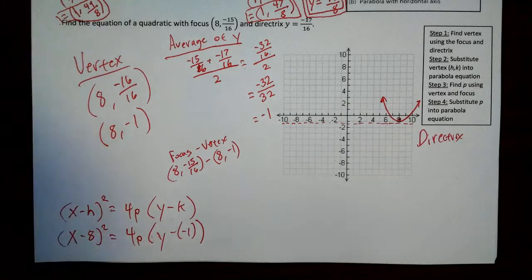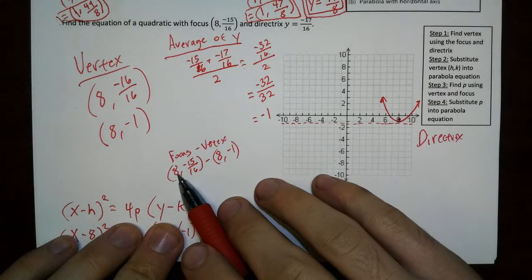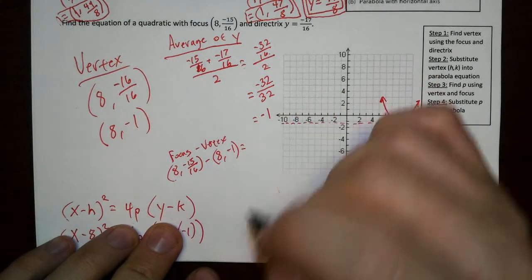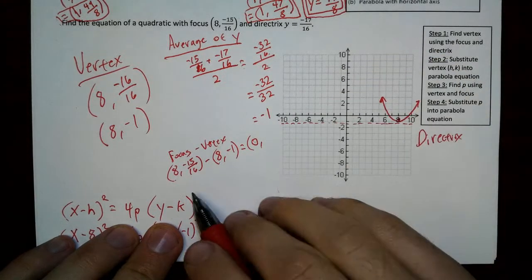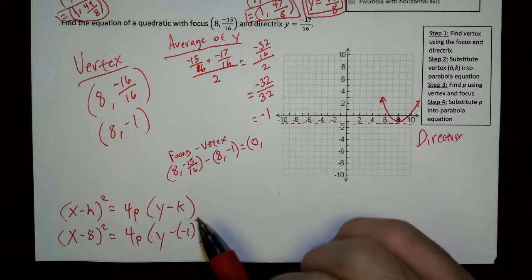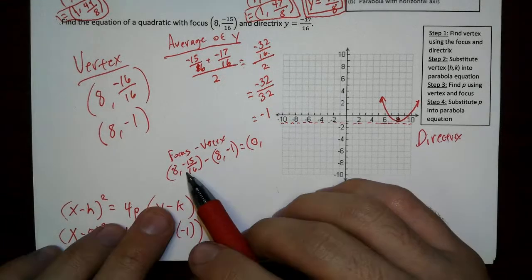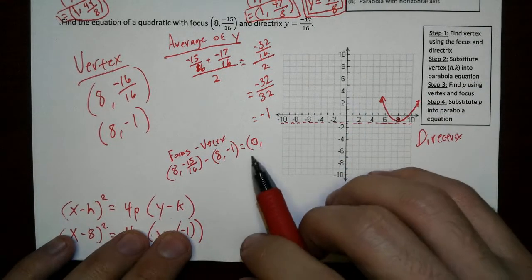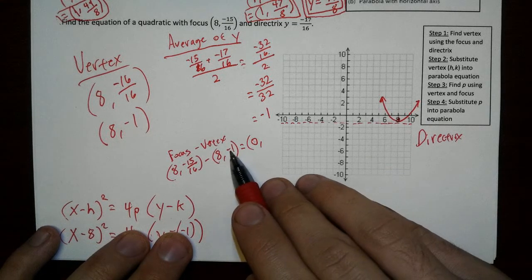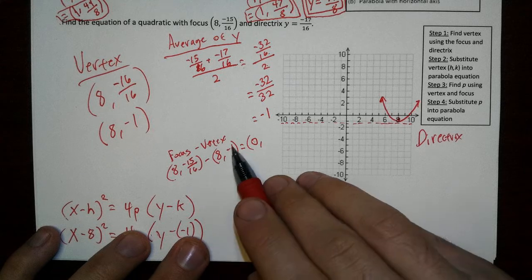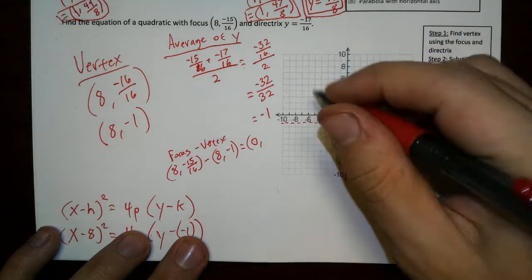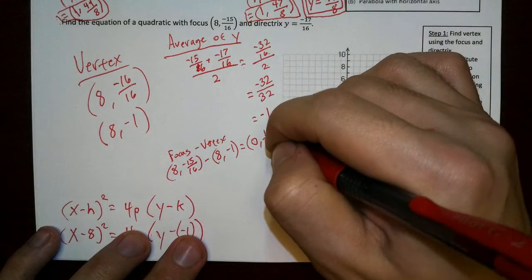Okay? Now let's go ahead and do that math. So 8 minus 8, well, that's just going to equal 0. And then negative 15 divided by 16 minus a negative 1, so the negative is going to be a positive. So negative 15 plus 16 plus 1 is going to give us 1/16.